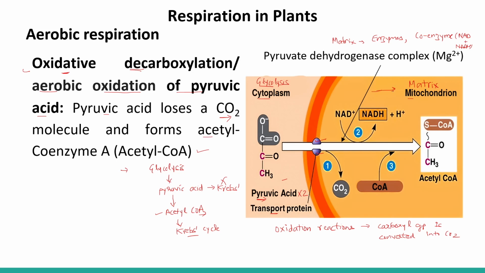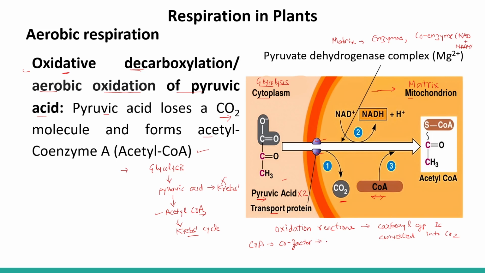It enters the matrix, and what happens? Pyruvic acid loses a carbon dioxide first. The first step is loss of carbon dioxide. Second, there is addition of coenzyme A. Now what is coenzyme A? Coenzyme A is a cofactor. And what is a cofactor?